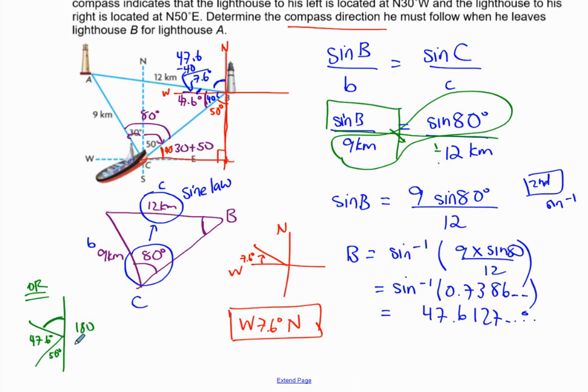So I can just do 180 minus 47.6 minus 50, and we end up getting 82.4 degrees. All right, so we go north, and then we go over 82.4 degrees to the west. So another answer that is exactly the same as this one but looks different is north 82.4 degrees west. Those are the same.